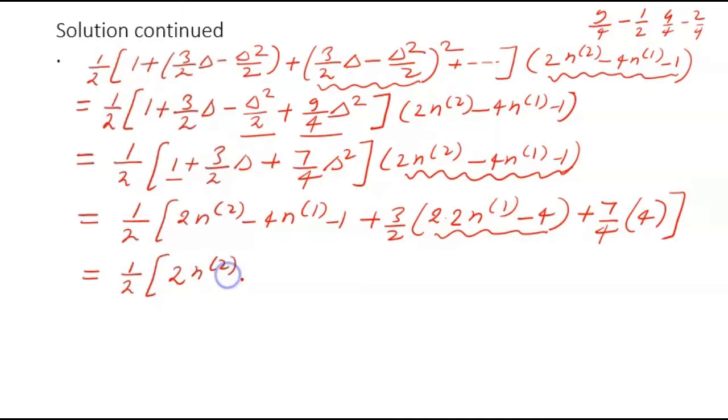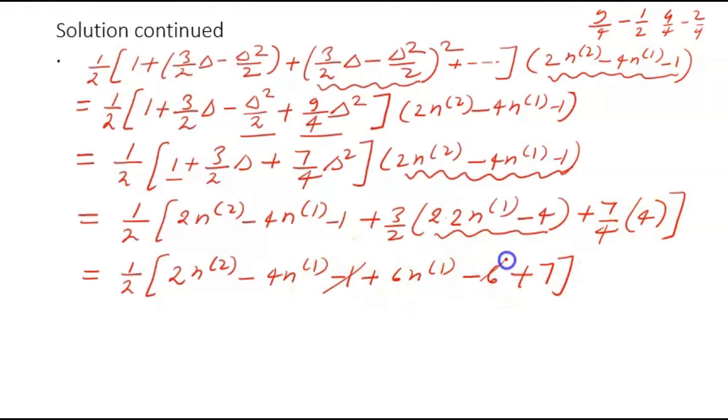In case you have not, please do it yourself and then confirm that what I am suggesting is okay. So we get 2n to the power 2 minus 4n to the power 1 and minus 1. And now let us multiply the terms. So 3, this 2 and this 2 will cancel. So 3 into 2 will give me plus 6n to the power 1. And here you have 2 and 4 cancel. So 2 into 3 is minus 6. And then here we have plus 7. This 4 and this 4 cancel.